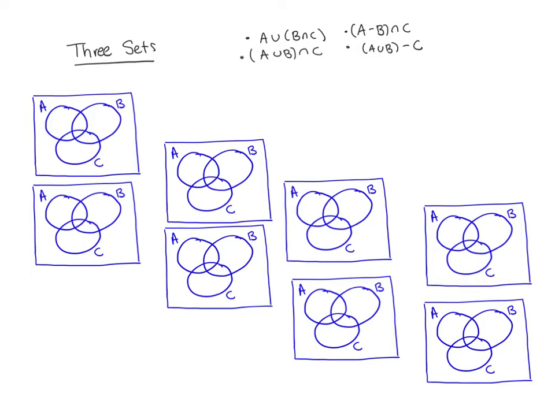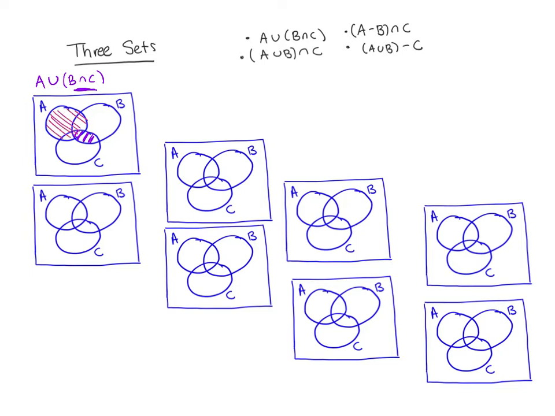Let's say I want to do A union B intersect C. First we can think about finding B intersect C. I know B intersect C is that overlap between B and C, so that's going to be this section. And then we're also going to include A, so I can color A in as well.